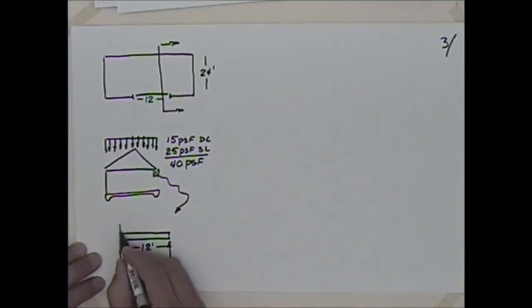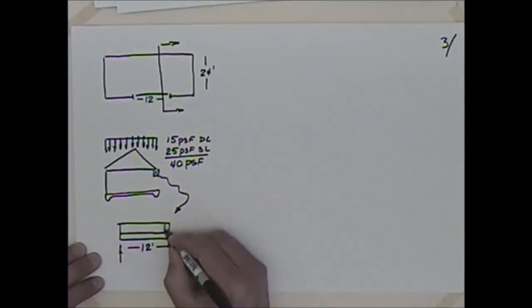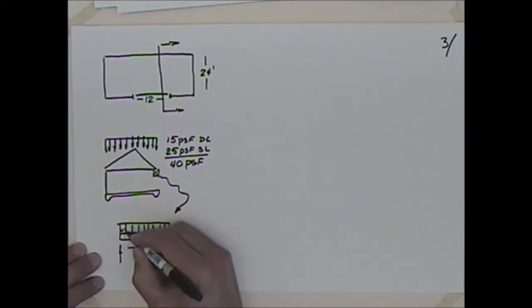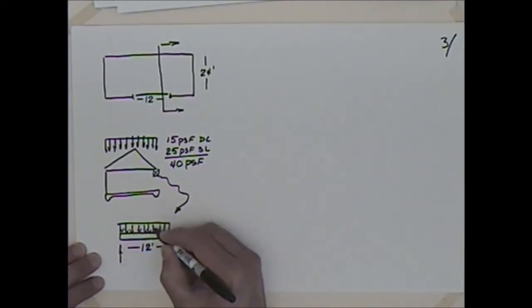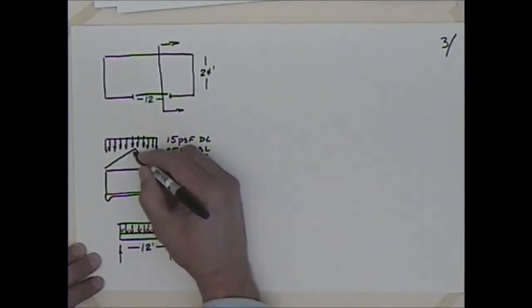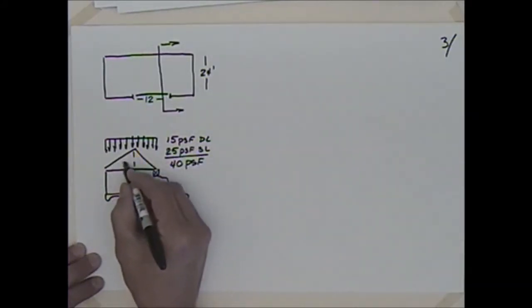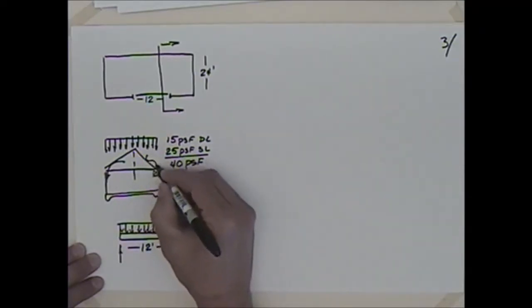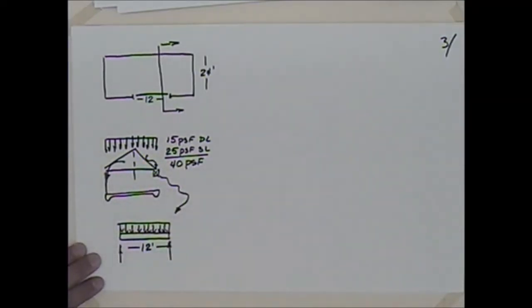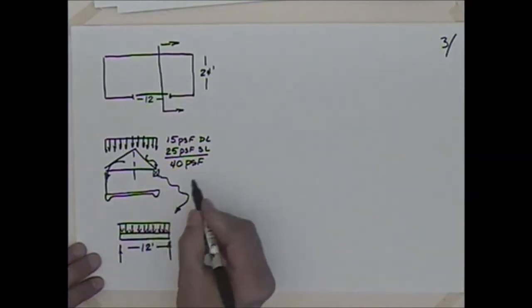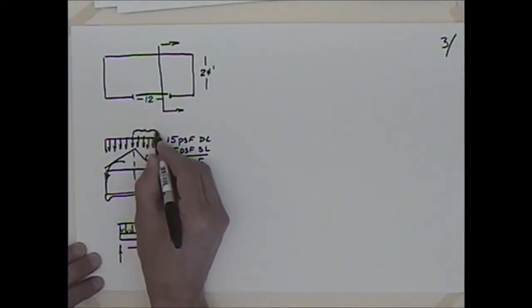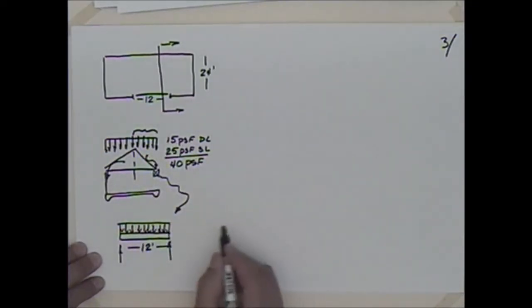And then what load are we going to have here? Well, it really needs to support what? Half of the roof. So if we go down through it, this portion of the roof here is going to go into the back wall, whereas this portion of the roof here is going to go into the header. So if I have 24 feet, I've got to support this 12 feet there.